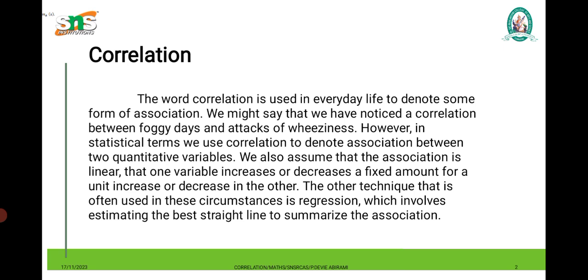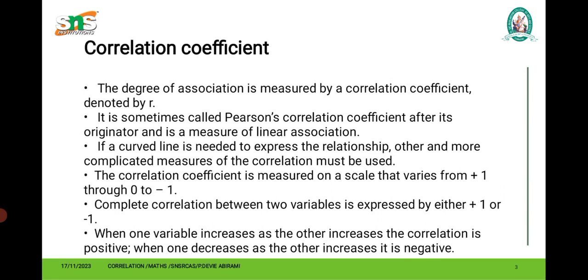The other technique often used in these circumstances is regression, which involves estimating the best straight line to summarize the association. To calculate this correlation, we use a coefficient called the correlation coefficient.